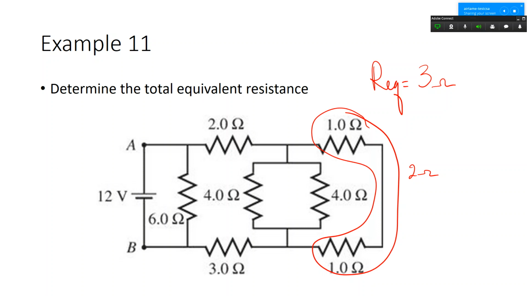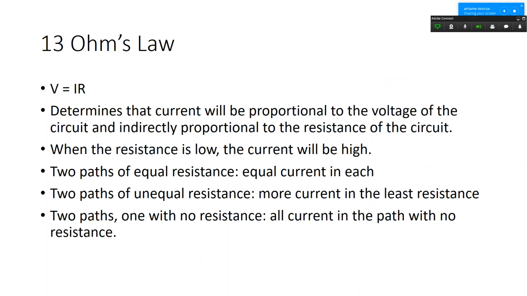Zach, what do you think? They're all parallel to each other, right? So when a current comes in here and it comes at this node, it's got 3 options. 1 option, 2 options, 3 options, right? So they're all in parallel together. You can do 1 over 4 plus 1 over 4 plus 1 over 2, it gives you 1. Or you can do these two first and then add this one in parallel. It ends up being the same thing when they're all in parallel. Okay? Perfect, we'll move on.